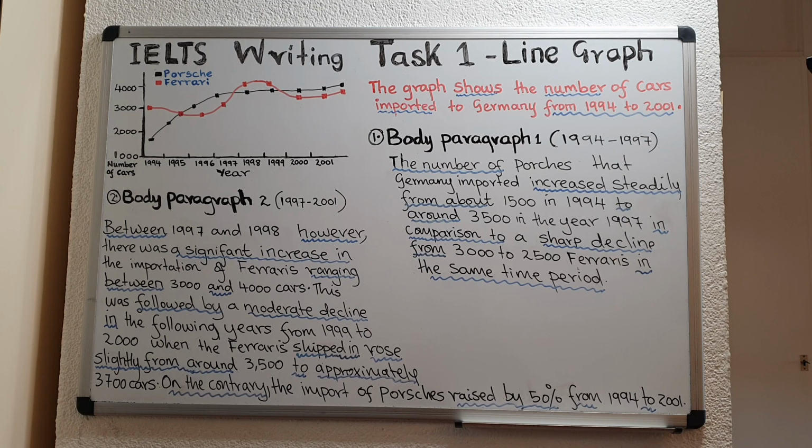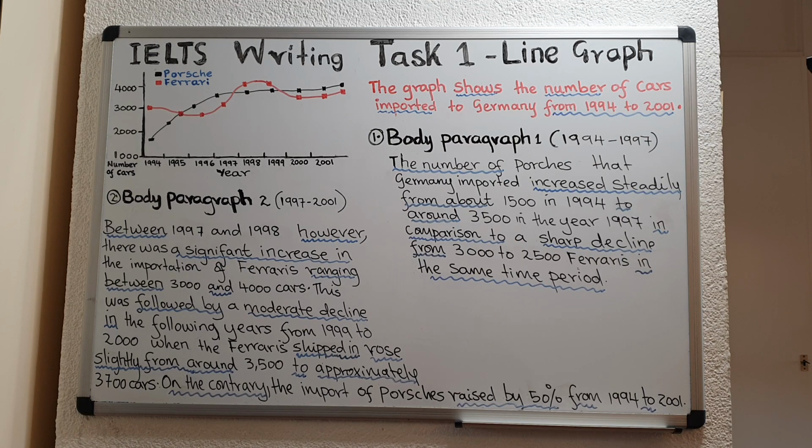For you to write the body paragraphs, you still have to divide that information into two. So for example, you can do a body paragraph about kettles and dishwashers, and then in the next paragraph, you write about, for example, microwaves and dishwashers. I'm just giving a random example, okay?